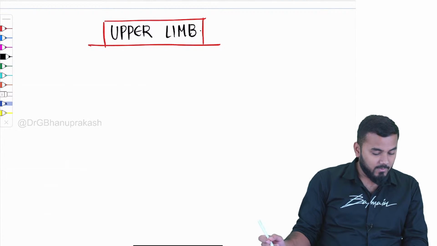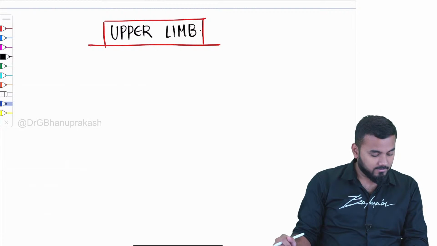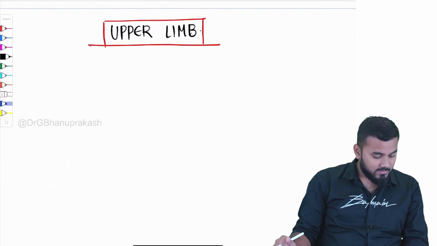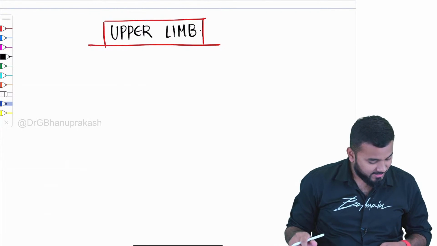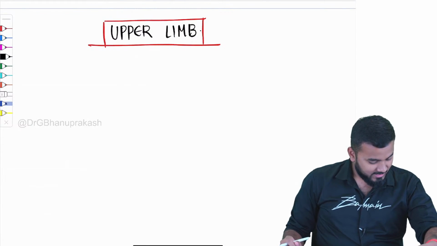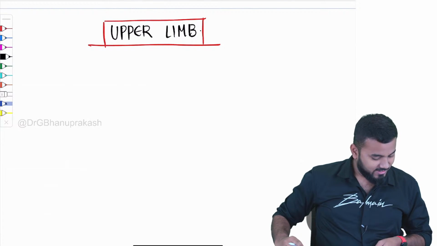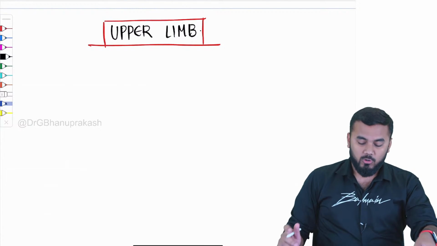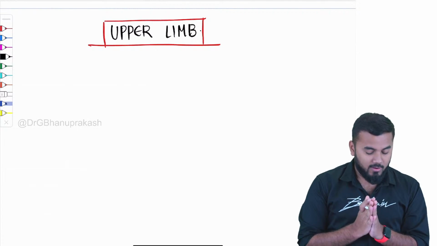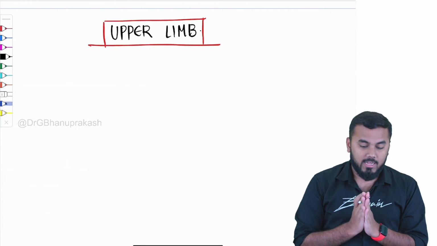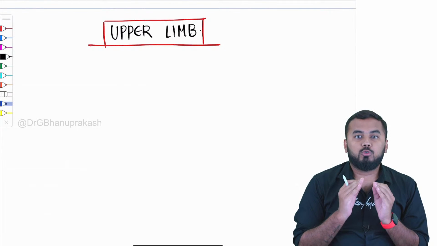Okay. Fine. So that's a green signal from you. So guys, upper limb, right? I'm not sure how you understood lower limb, but I'm going to teach you upper limb super clearly.